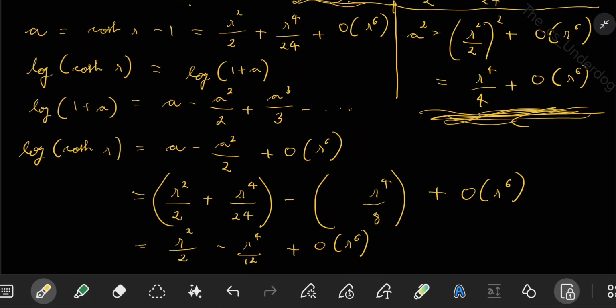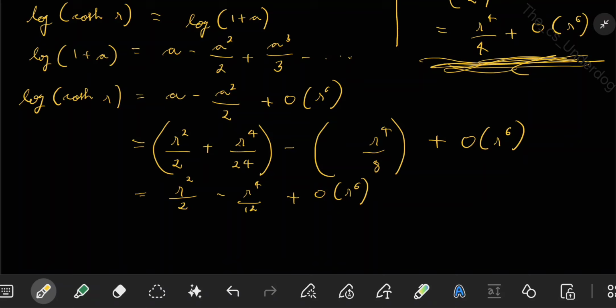Here you can see that the leading term is r square by 2. Comparatively, the remaining terms will be even smaller. Here we are considering that the value of r is very small, that is, something near to 0. So r square by 2 is the leading term. The value contributed by the remaining ones, which are r power 4 by 12 plus order of r power 6, is very insignificant.